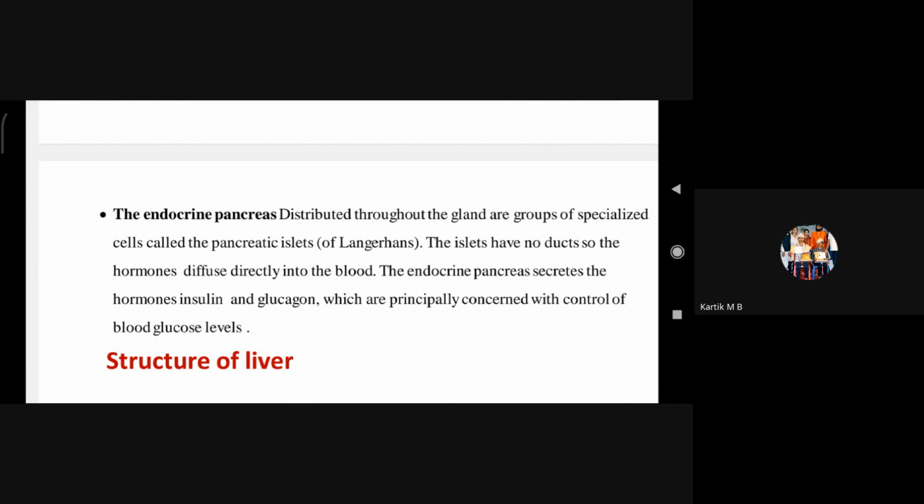I hope you have an idea that patients suffering from diabetes sometimes take insulin by injection or have insulin tablets for maintaining their blood glucose level.